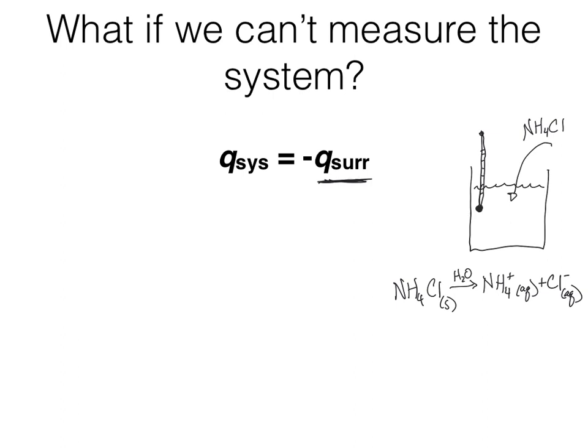If the system is giving off energy, that energy has to be absorbed by the surroundings. Or vice versa, if the system is absorbing energy, that energy must be provided by the surroundings. And so the heat of the system is going to be equal to the opposite value, the opposite magnitude, of the heat of the surroundings.